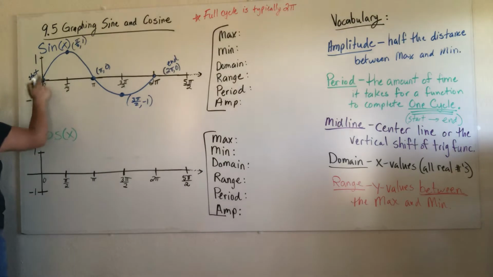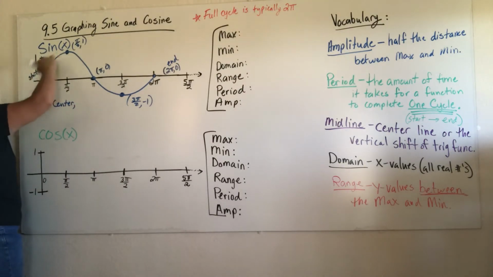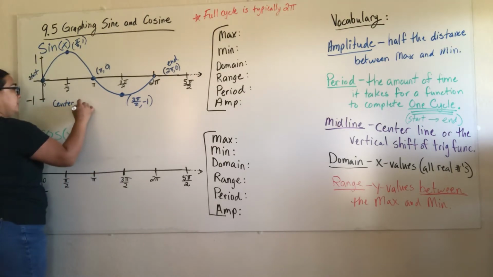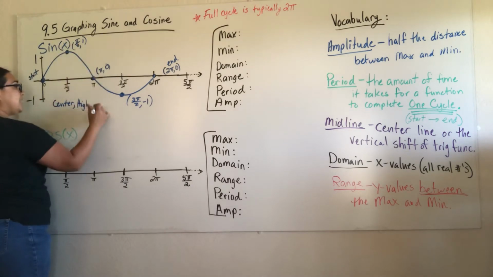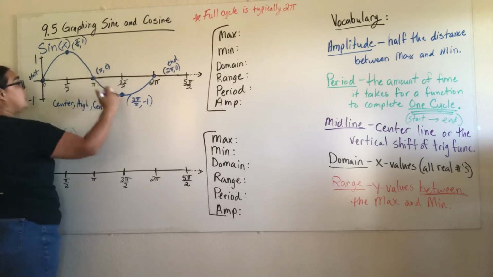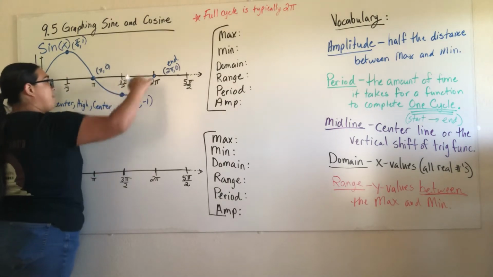So we're going to call this center. The next point's actually a high point, so we're going to say high. Okay, center, high, back to center. Now we're going to a low spot, so I'll call this low, and then back to center.